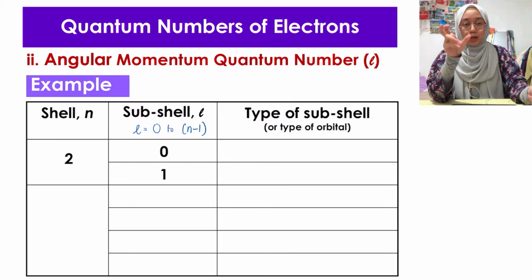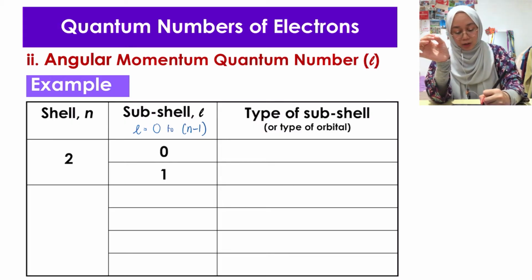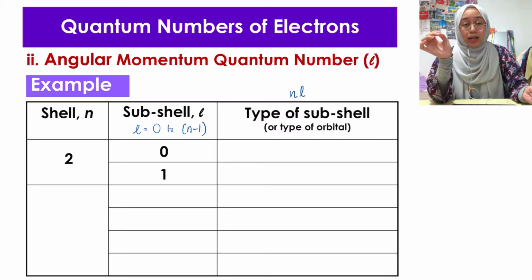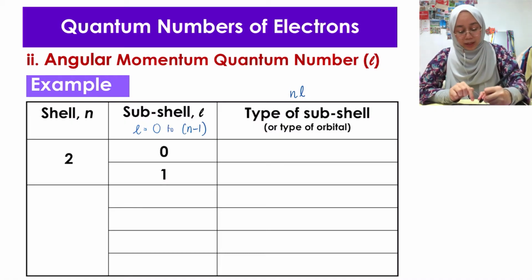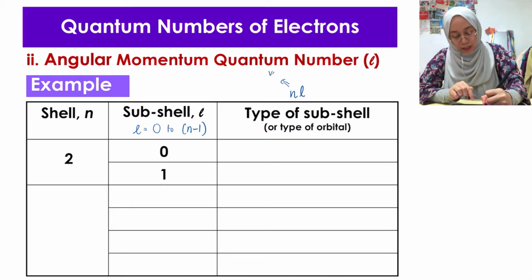Type of subshell ni pula, dia specifically dia tengok shell dengan subshell dia. Okay, so kamu akan determine daripada value n dengan L. So we put them together. However, n ni kita akan guna value yang diberi. L ni pula kita akan guna type of orbital dia.